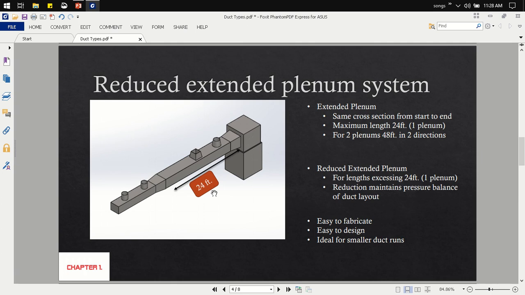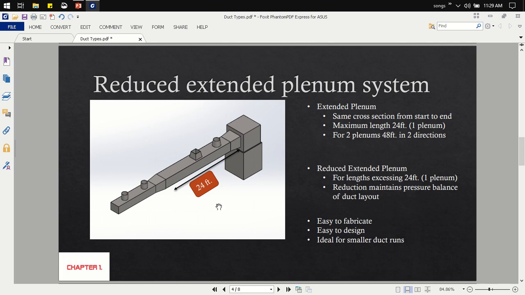We can also take 24 feet maximum in one direction and another 24 feet from the opposite direction, keeping the same cross section in both cases, but we cannot exceed 24 feet in the same direction.